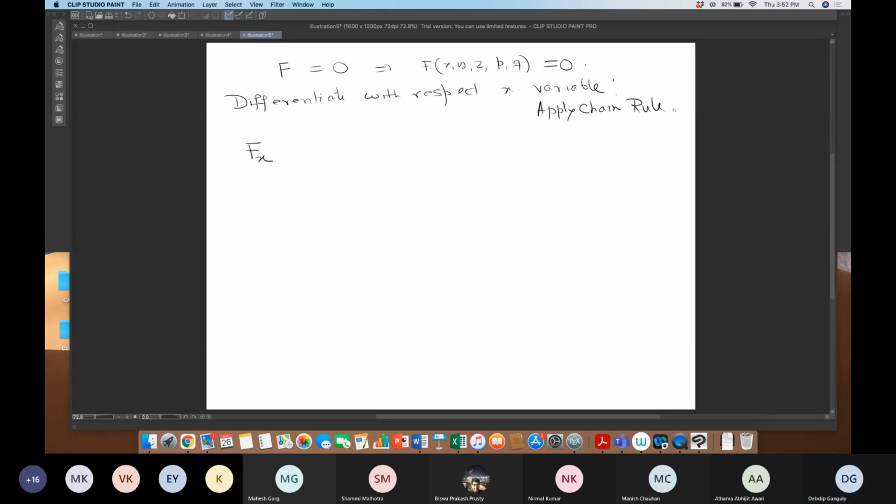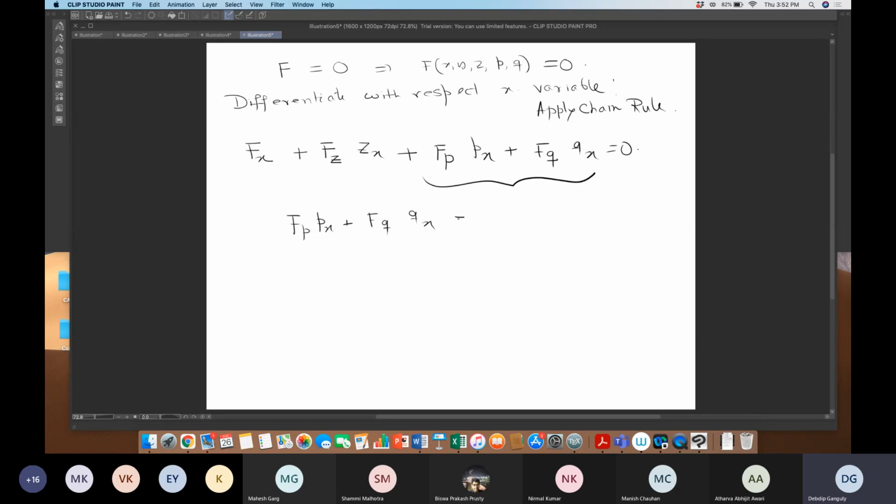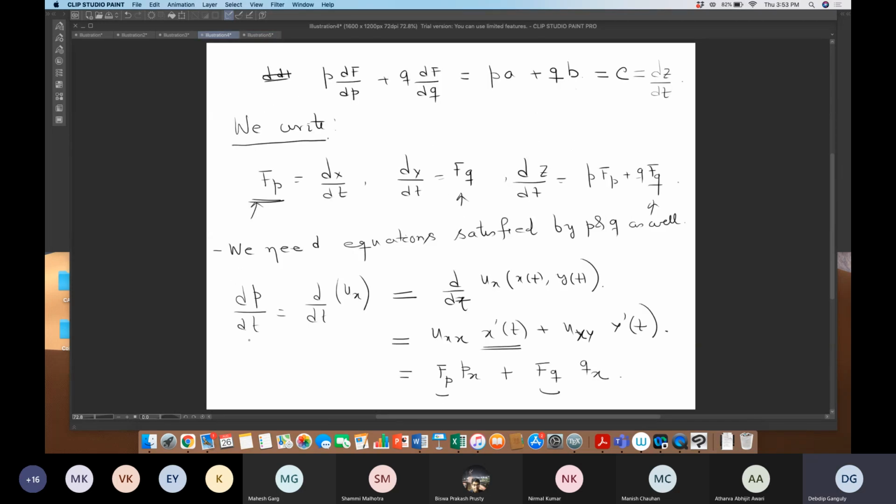Fx plus fz into zx plus fp px plus fq qx equal to 0. So now fp into px plus fq into qx is equal to minus fx minus p into fz.